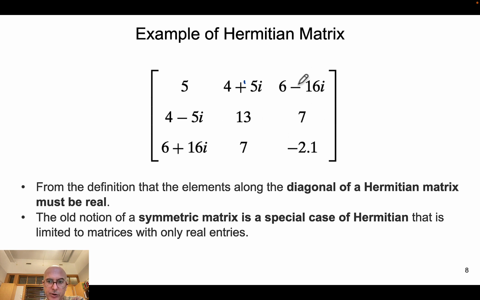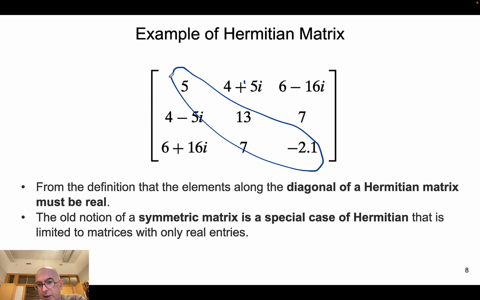So you see the change of the sign here. We can note that the Hermitian matrix must have real numbers along the diagonal. Each diagonal element needs to be equal to its own conjugate, so that means that there is no imaginary part. So from the definition, we can say that along the diagonal a Hermitian matrix must be real.